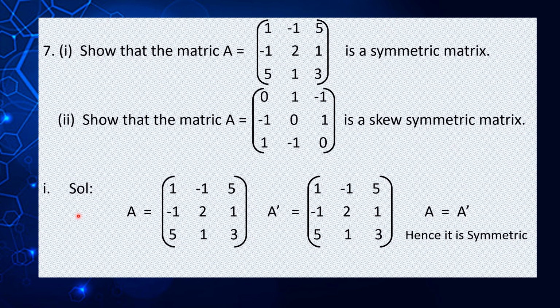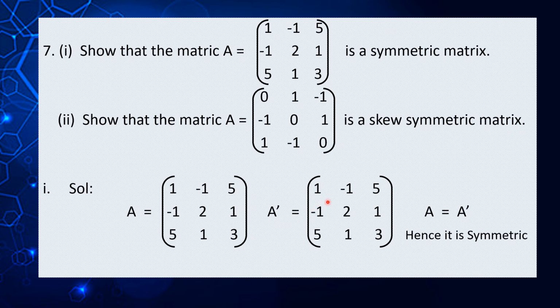The first part of the question is this one, that is A is equal to 1 minus 1 5, minus 1 2 1, 5 1 3 is a symmetric matrix. So first write down the given matrix as per the question and write down the transpose of that particular matrix.